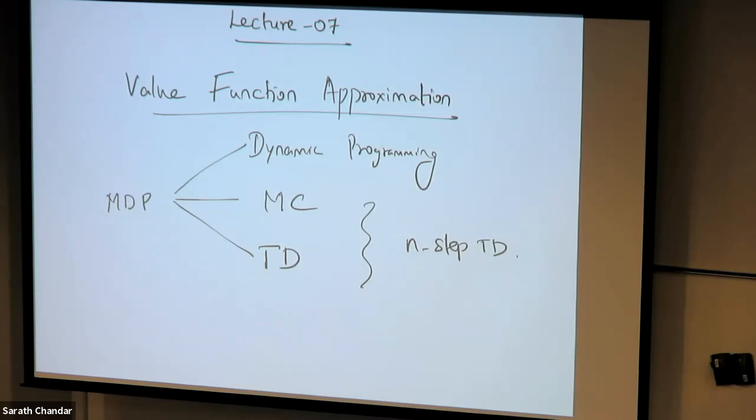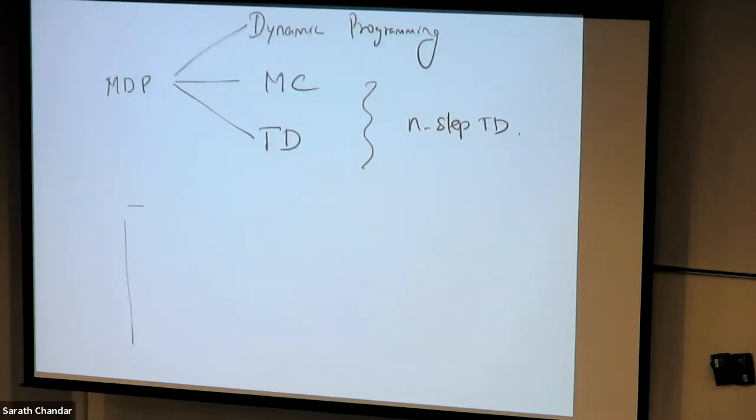Now, in such situations, doing a tabular approach where you explicitly maintain a table of value functions, like you have a list of S1 to Sn, and for example, let's say you want to do TD prediction, so then you want to estimate the state values. So you will be estimating the V function for all these states.